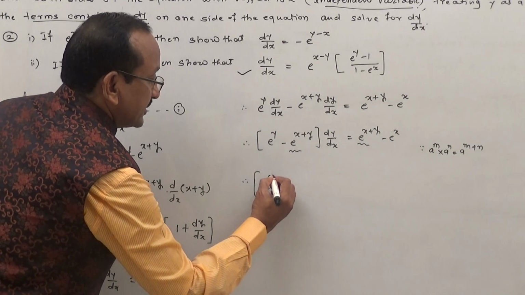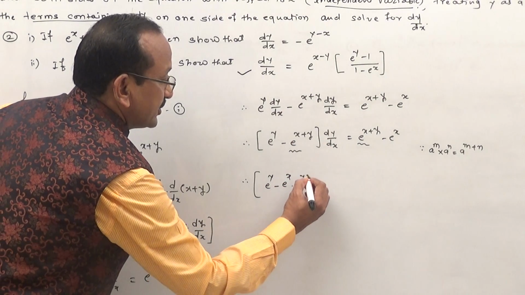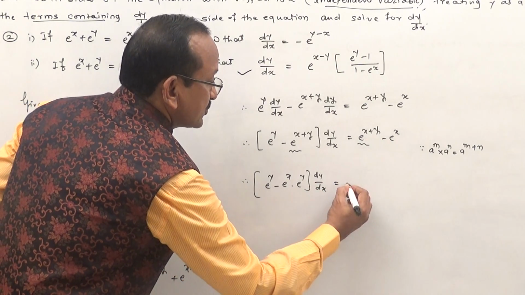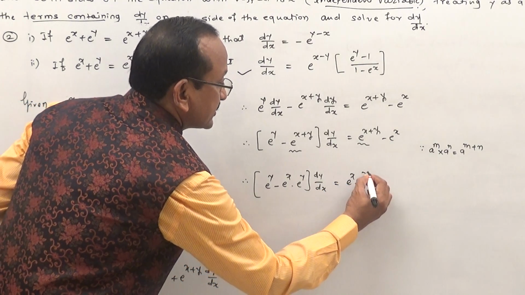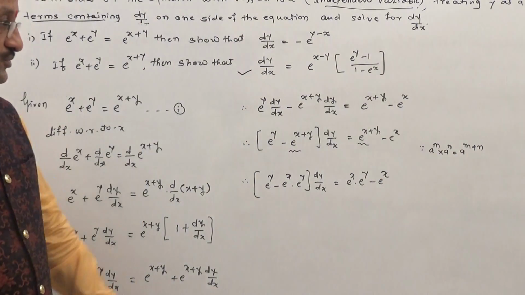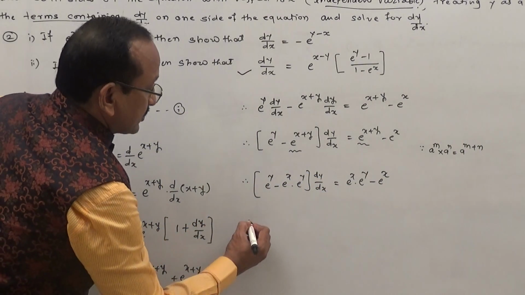It is e raised to y minus, split this, e raised to power x into e raised to power y dy by dx is equal to, split here, e raised to x into e raised to y minus e raised to x by the laws of indices. Then what is common from this?